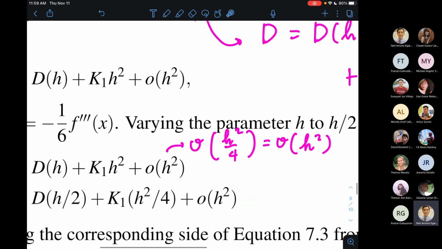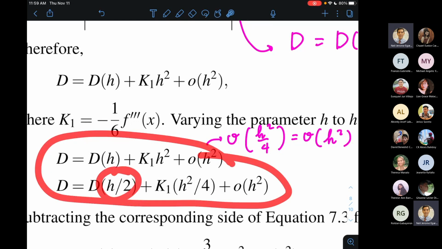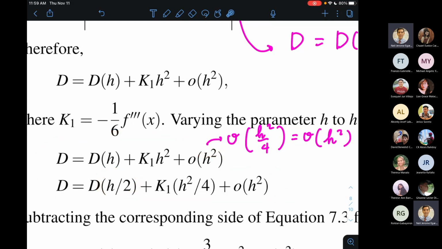Okay. Now, we have these two equations. You could have chosen to use h over 10, h over 7, h over pi, whatever. That's fine. It's just a common choice to always take half of the original h. Kasi kailangan nating maging extra careful kasi kung matatandaan nyo sa numerical implementation, pag napasobra yung liit ni h, ay magfe-fail yung machine implementation ng algorithm.